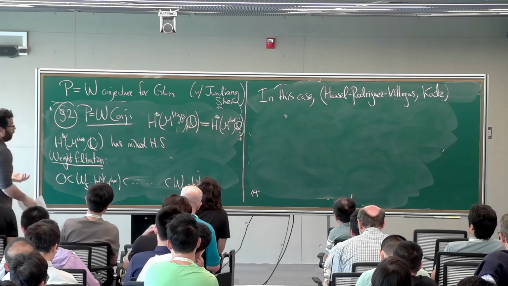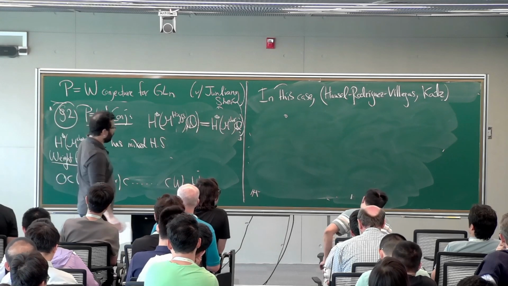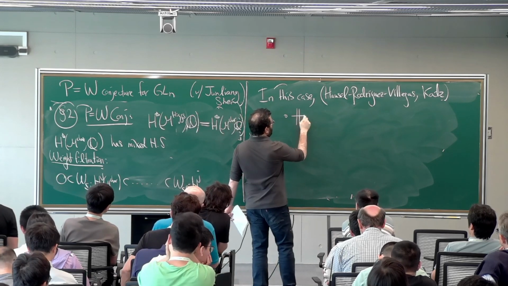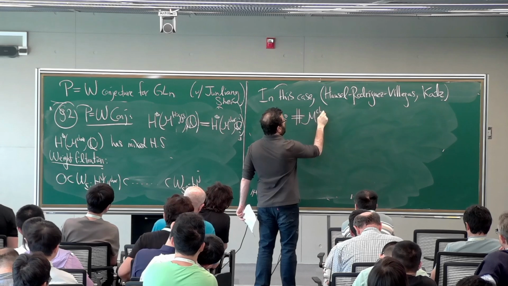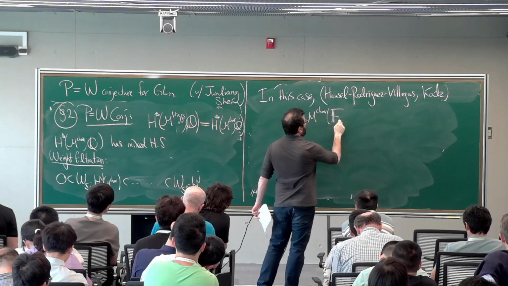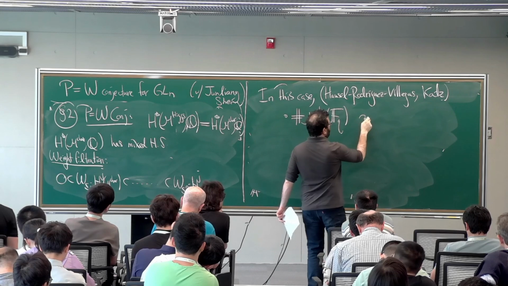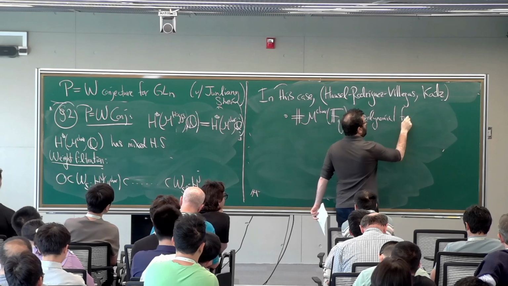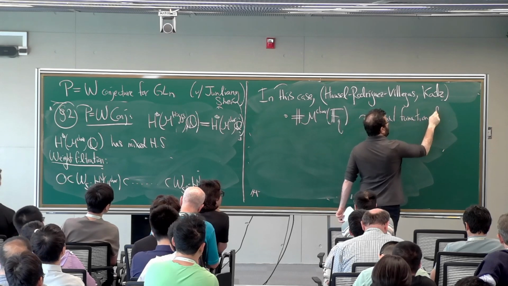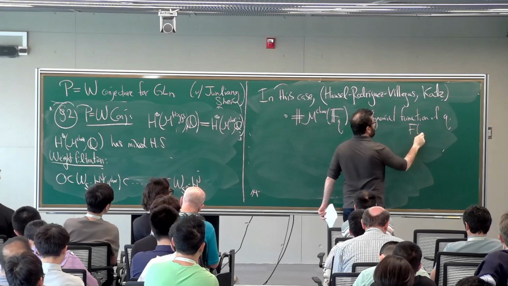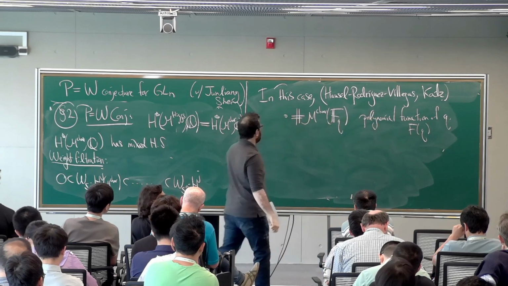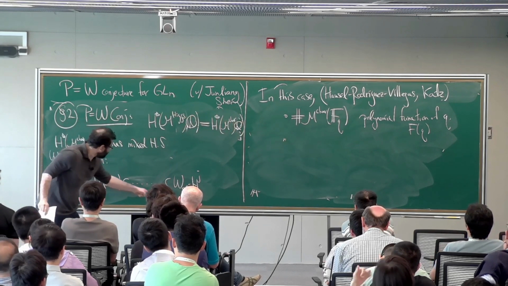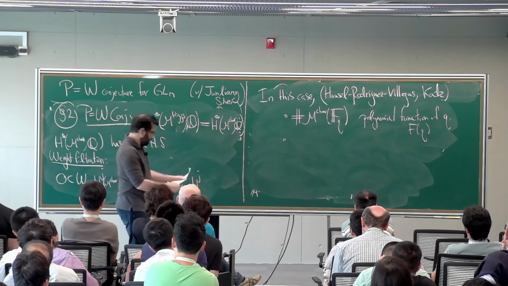I gave you the equations for it, and they were defined over some ring of integers as long as I have that root of unity. So if I count points on the character variety over a finite field, first of all, this is a polynomial function of q. Let's call it f of q. And what are the coefficients of this polynomial? They exactly come from the dimensions of the graded pieces of the weight filtration.